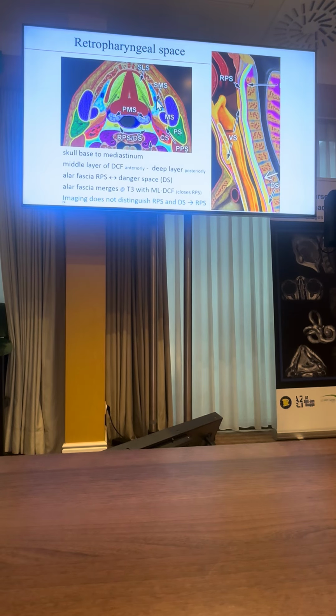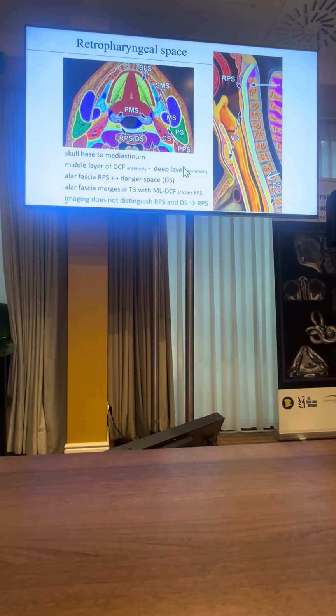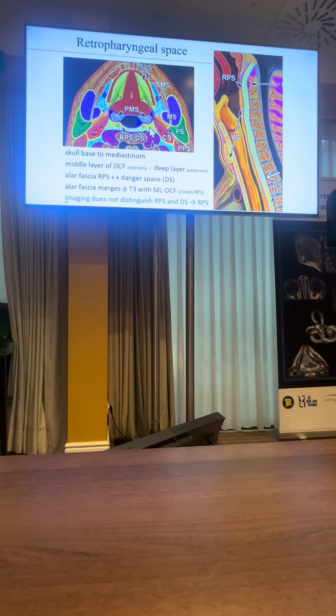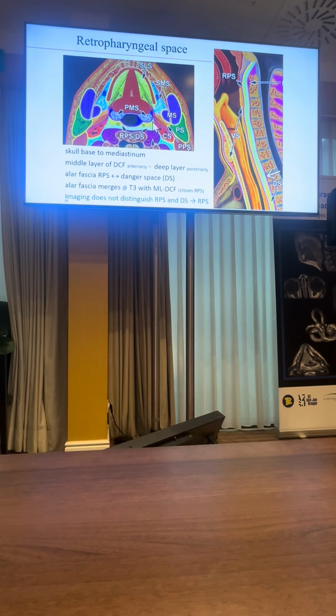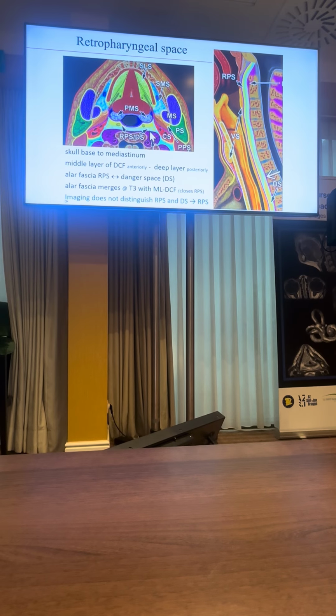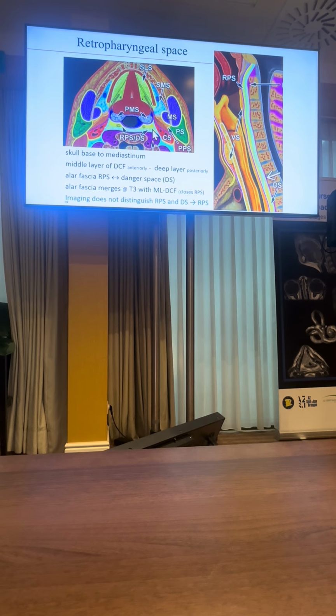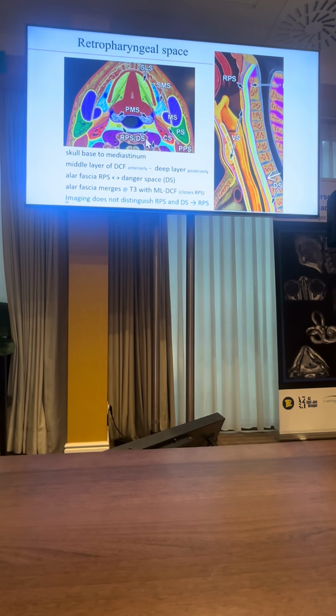So, midline space, the retropharyngeal space. Now again, we see the alar fascia, the medial continuation, separating the true retropharyngeal space from the danger space. The middle layer of the deep cervical fascia is the anterior border of the retropharyngeal space. The alar fascia is the lateral border, and the deep cervical layer is the posterior border.